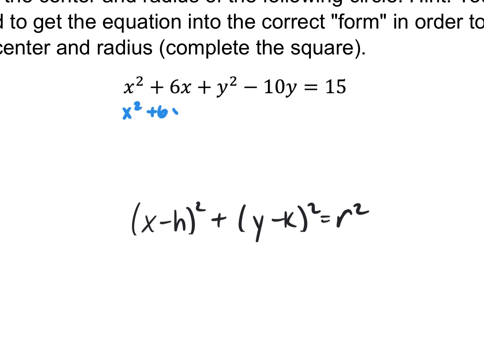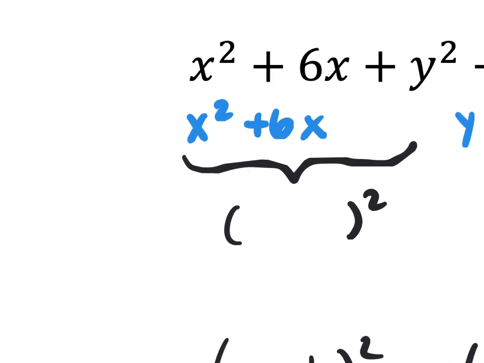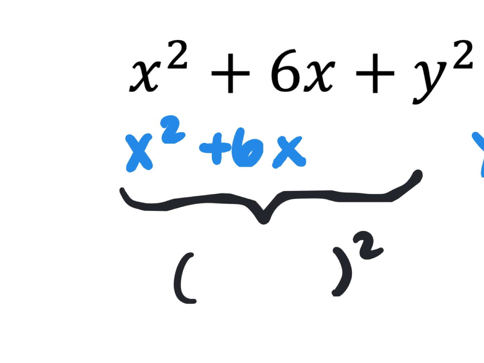So remember this process we talked about earlier on, where if I wanted to take this and rewrite it as a binomial squared, I had to do this process called completing the square. So if we just focus on the x portion of this, x squared plus 6x plus what would be completing the square?